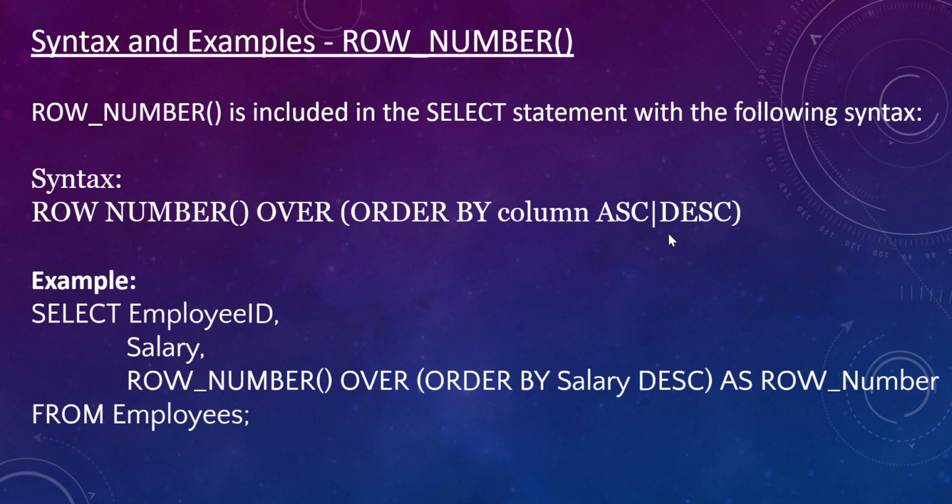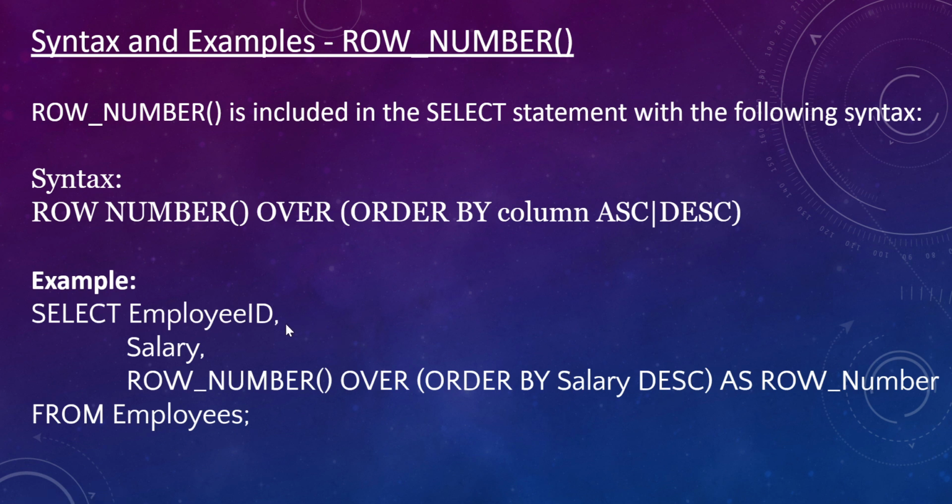If we have to write a sample query for illustrating this ROW_NUMBER, this is how we can write. Assume that there is a table with two columns, employee ID and salary, and we want to give the row number to each row based on the salary.